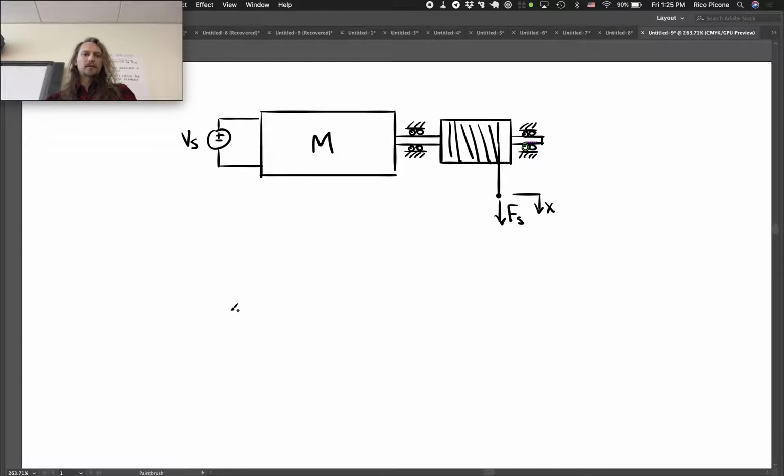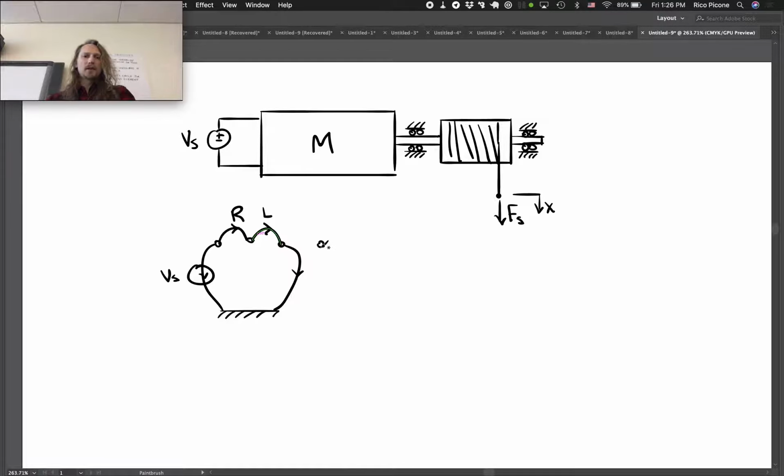We've got our standard sort of motor model here, where we've got a voltage source, Vs, and the resistance of the windings, so DC motor model R, the inductance of the windings L, and then we have this interaction with the mechanical side.